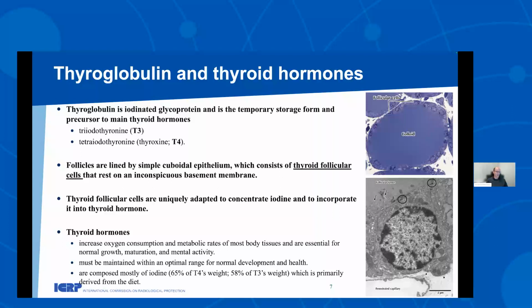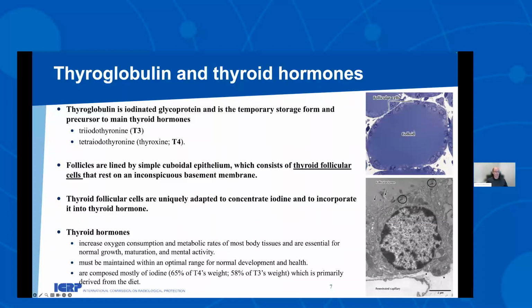The level of thyroid hormones in the systemic circulation should be maintained at a specific fixed level, and deviation is usually associated with severe health problems, or with a status like pregnancy, which could also be treated as a very special health condition. Thyroid hormones mostly consist of iodine: 65% of T4 and 58% of T3, which is primarily derived from our diet.